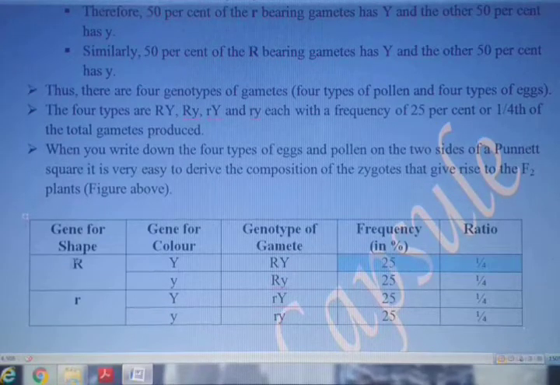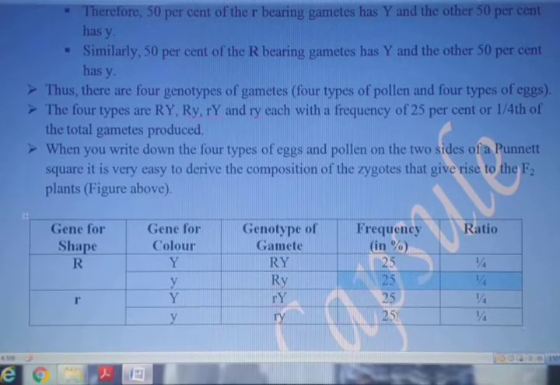In the second case, when capital R, the dominant gene for shape, segregates with the recessive gene for color, the genotype of the gamete will have one dominant R and one recessive y, and the frequency is the same, 25%, and the ratio 1/4.